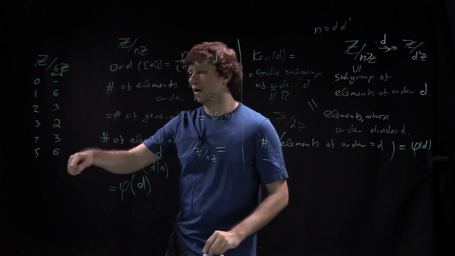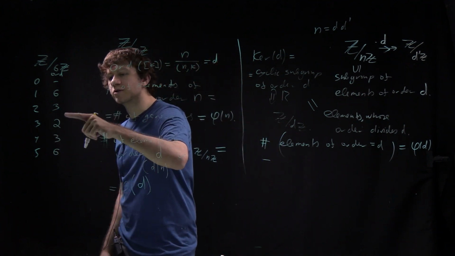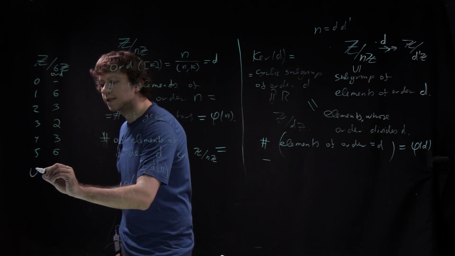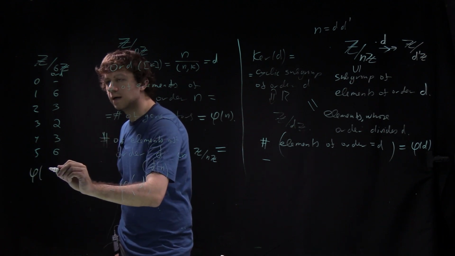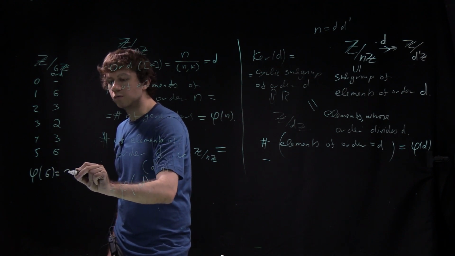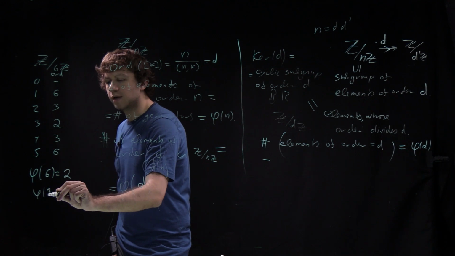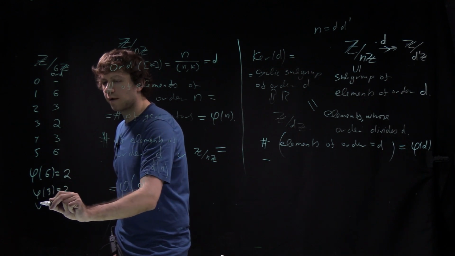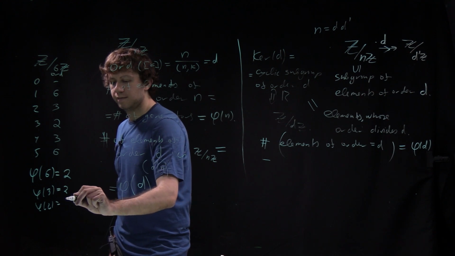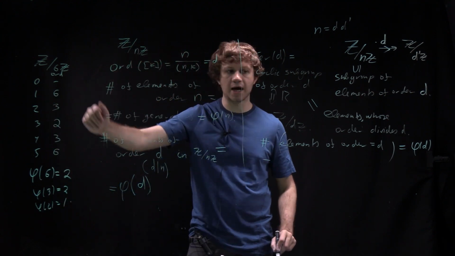And so there are 2 elements of order 6, 2 elements of order 3, 1 element of order 2, and indeed phi of 6 equals 2, phi of 3 equals 2, phi of 2 equals 1. So all numbers add up.